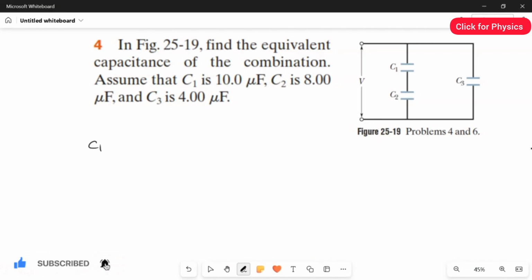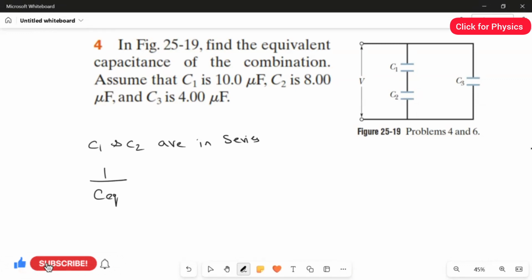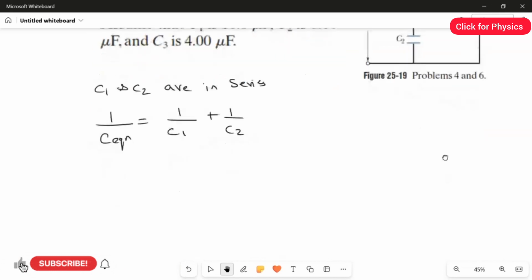Here C1 and C2 are in series. So I'm going to use the formula: 1 over C equivalent for C1 and C2 is given by the rule 1 over C1 plus 1 over C2. Now I have to rearrange this equation.